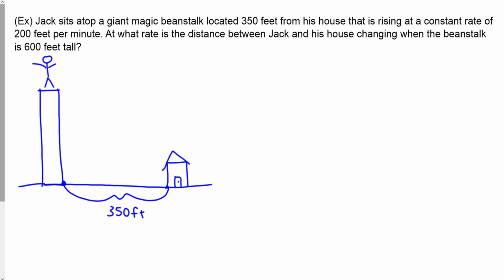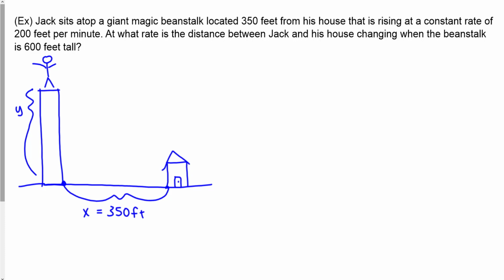So let's put in some variables. So this is like an x distance, because it's horizontal distance between Jack and the house. And what's nice is that is constant. Now, this distance here would be the variable y, and that's a vertical distance, so that's why I'm using y right now. That's the total height of the beanstalk at any point in time.